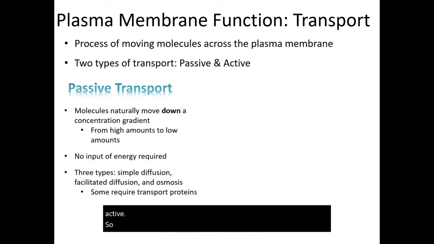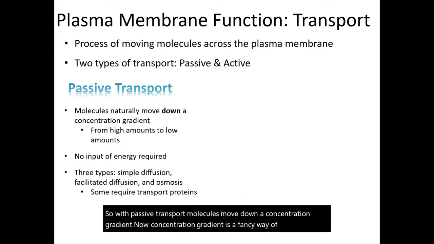So with passive transport, molecules move down a concentration gradient. Now, concentration gradient is a fancy way of saying there's a difference in the number of molecules outside the cell and inside the cell. That's what a gradient is. It means you might have less of something on one side and more on the other.